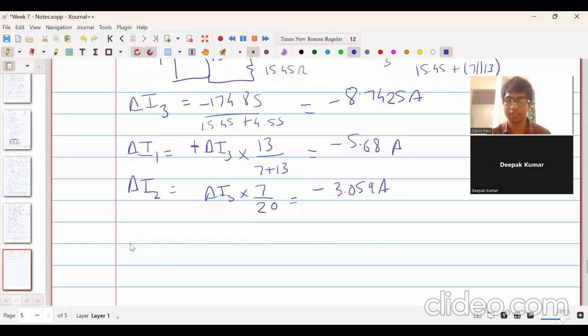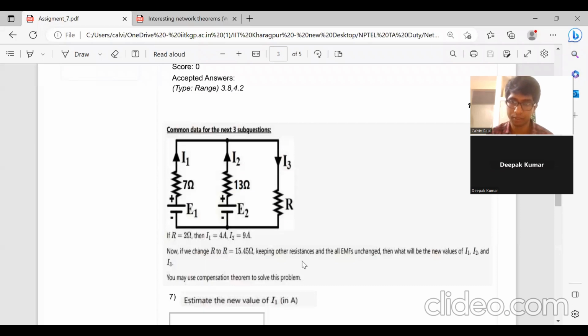But the actual current, the new current I1 new, is equal to I1 old plus delta I1. Is this clear, sir? I1 old was 4 ampere, I2 old was 9 ampere.